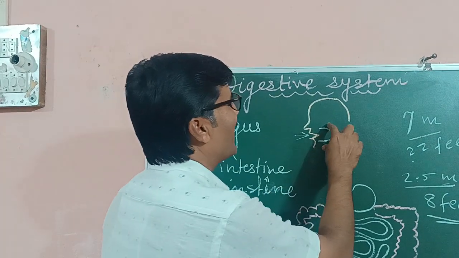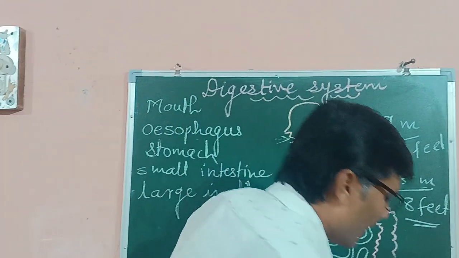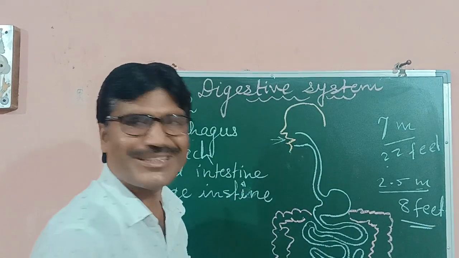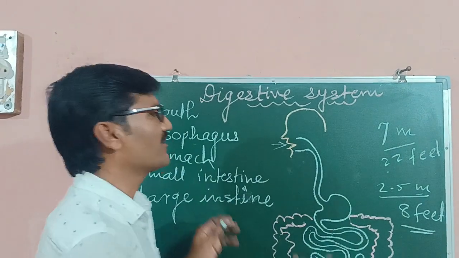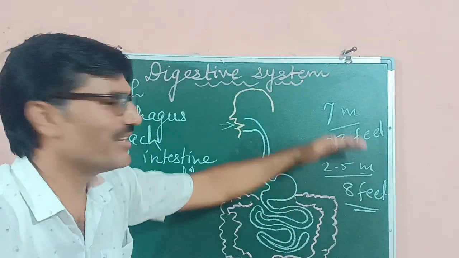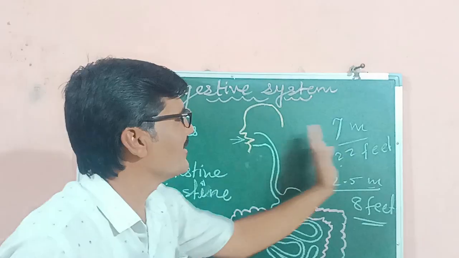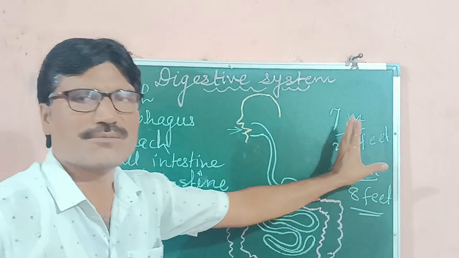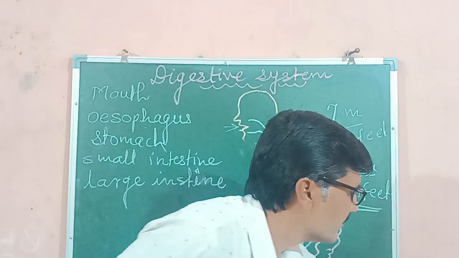All these glands are called salivary glands. Now I will write the names of the accessory glands towards the left side of this figure.